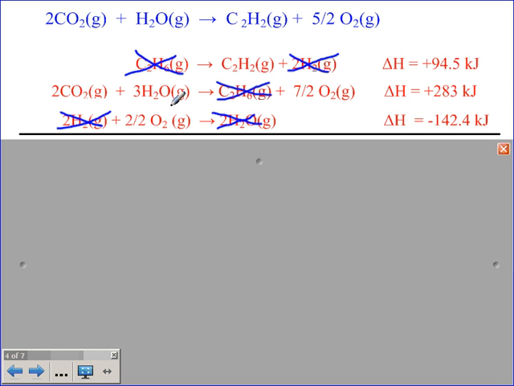These 2 disappear, and 2 of those disappear. There's now just 1 water left. And then 2 O2s and 7, or rather I should say 2 halves and 7 halves. These completely disappear. The 7 turns into a 5.